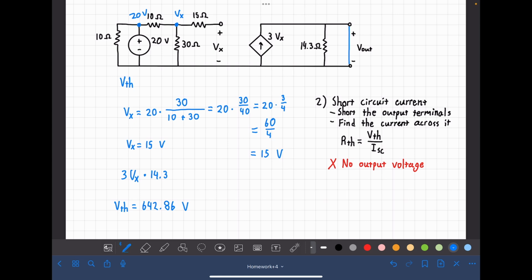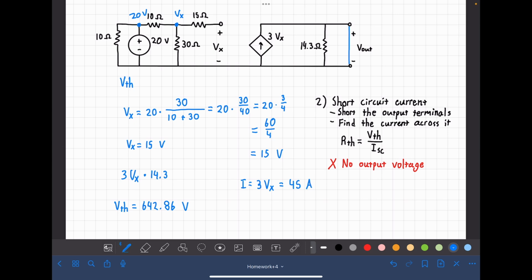In this case, that's pretty easy because we have a current source right here. And all the current from that current source will now be diverted to the short. So the current through that is equal to 3 Vx, or as we found, 45 amps, which is a lot.